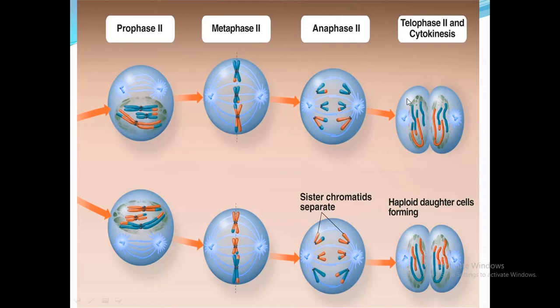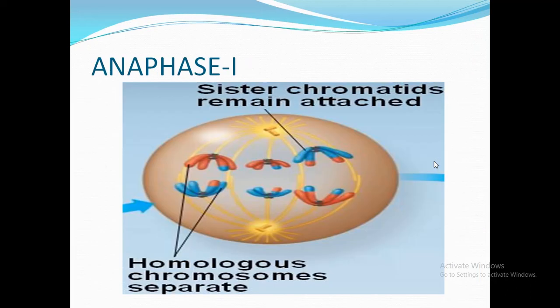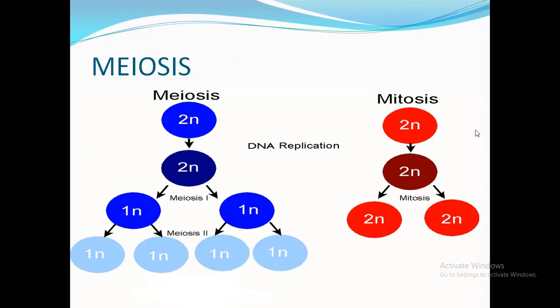So at the end of meiosis, four cells are formed from the daughter cells. In meiosis 1, two cells are formed, and in meiosis 2, these two cells give rise to two more cells. All four cells are haploid because they have half the number of chromosomes compared to their parents. In the next clip we shall discuss some questions.